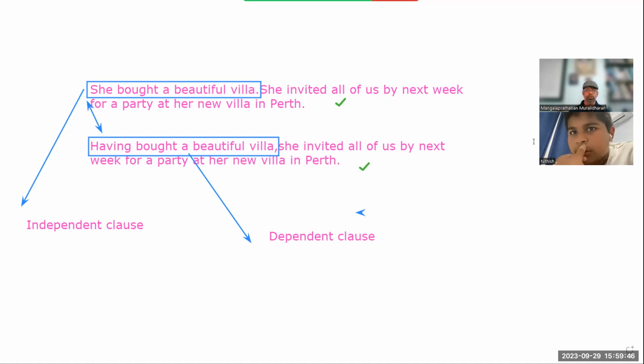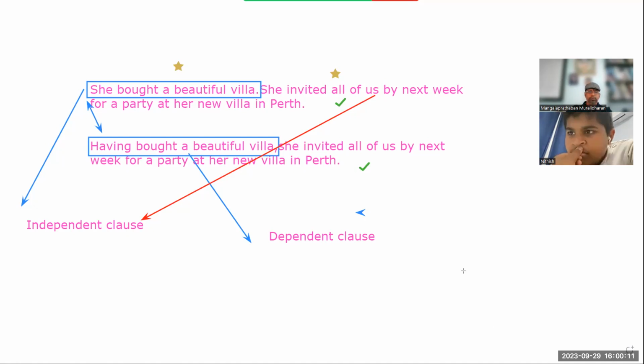So we have two independent clauses. There is one independent clause, another independent clause. Even this is an independent clause. Please understand there are two independent clauses.